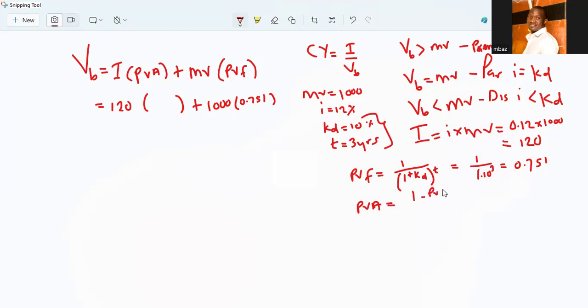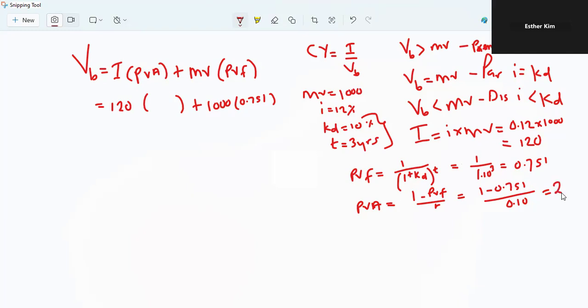Then to find the present value annuity factor, we simply subtract 1 minus the interest factor, divided by the rate. So 1 minus 0.751, divided by 10%. What do we get? 2.49.